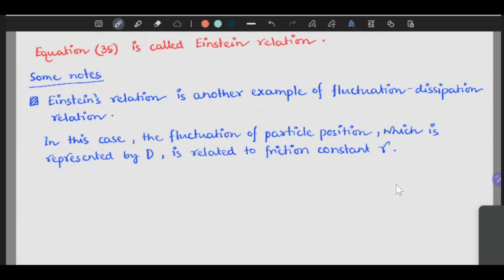Now in the later stage, we will establish the general form of the fluctuation dissipation relation.